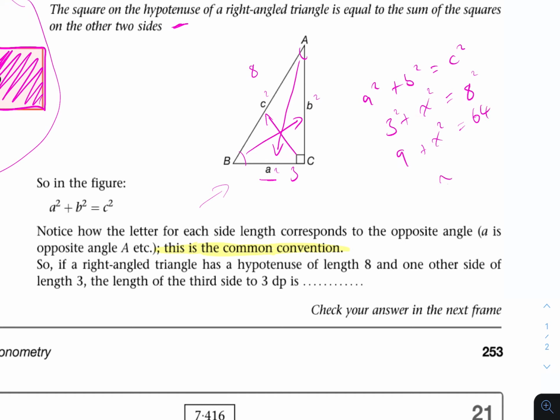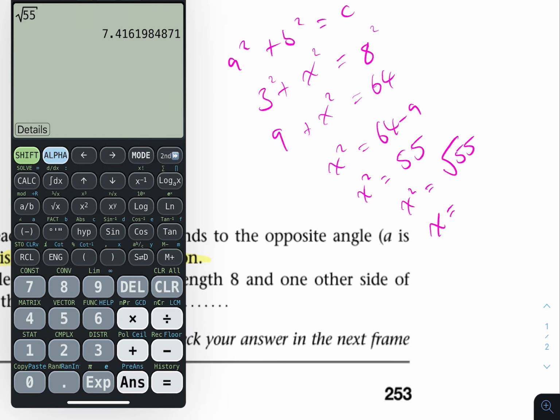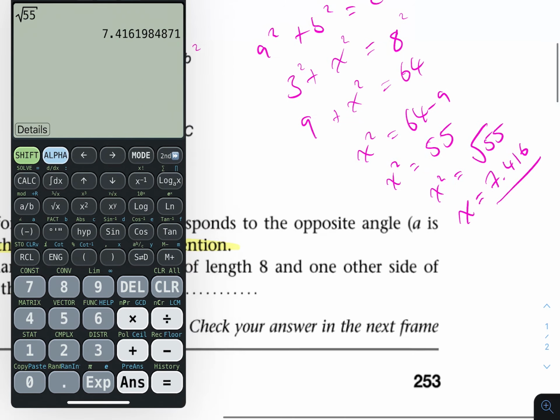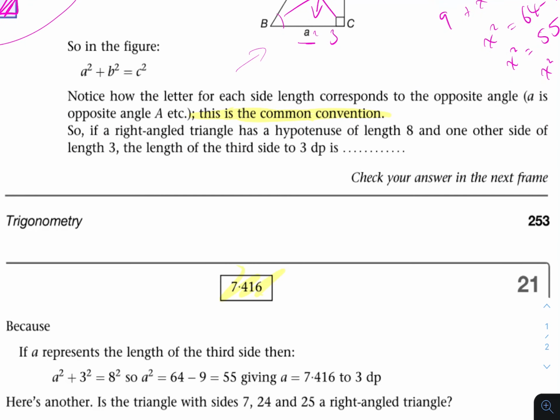So x squared is equal to 64 minus 9, which is 55. So x is equal to the square root of 55, which is 7.416, and they wanted it to 3 decimal places, so we'll leave it as that. Done. 7.416. We were correct.